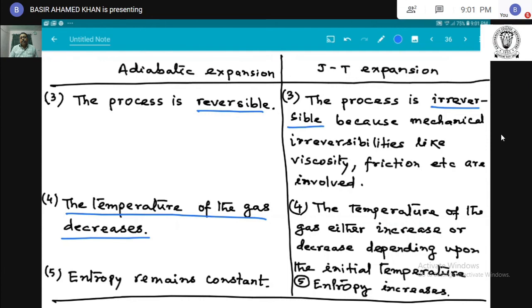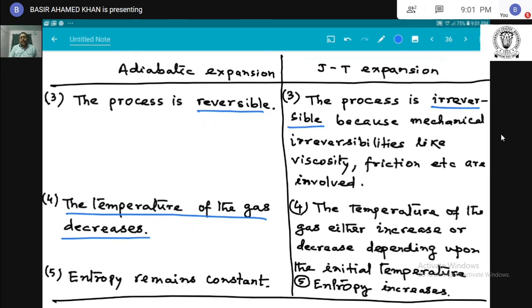If the initial temperature is sufficiently lower than a certain temperature of a particular gas, then after expansion the gas becomes cooled. Otherwise the gas becomes hotter.